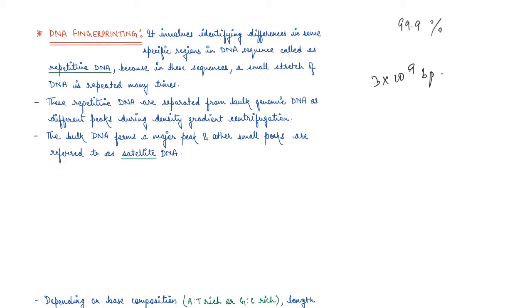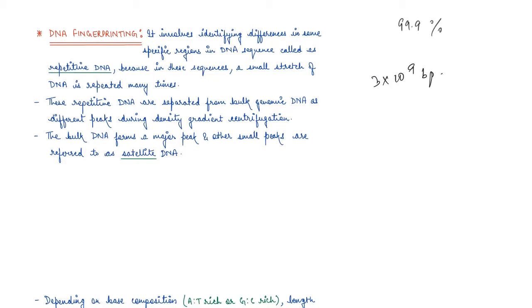Now, these repetitive DNA are separated from bulk genomic DNA as different peaks during density gradient centrifugation. So you basically centrifuge, and during this centrifugation, you find different peaks, right? The bulk DNA forms a major peak, and then there are smaller peaks which are known as satellite DNA, right?